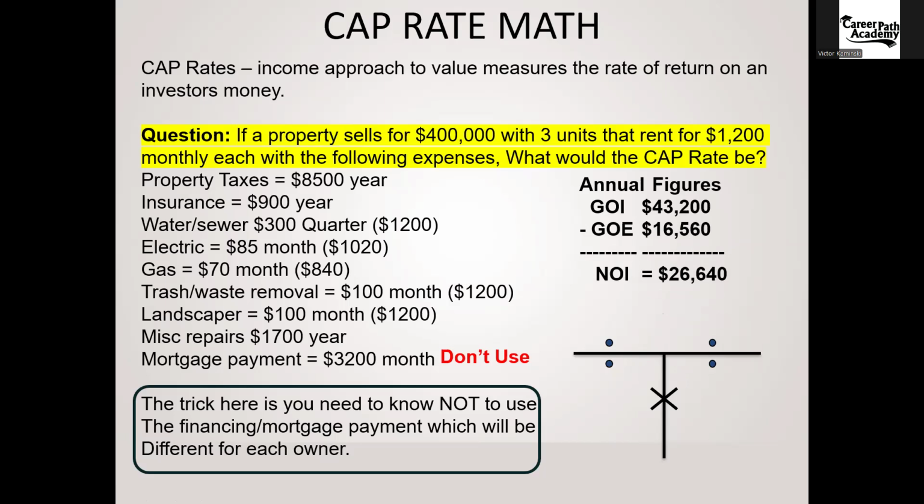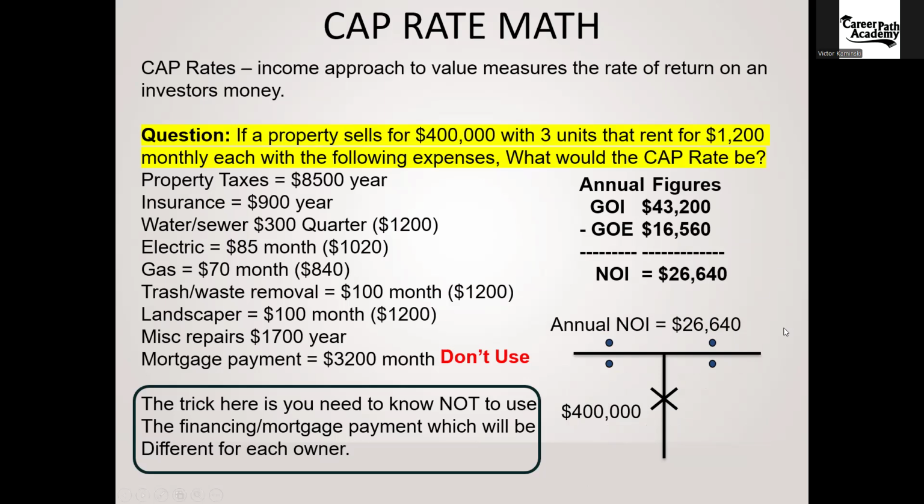Now what do we do? How do we figure out the cap rate? The small number goes on top, so the 26,640. And then the price of the property is 400. And so then you divide the 26 by the 400. Divide down.